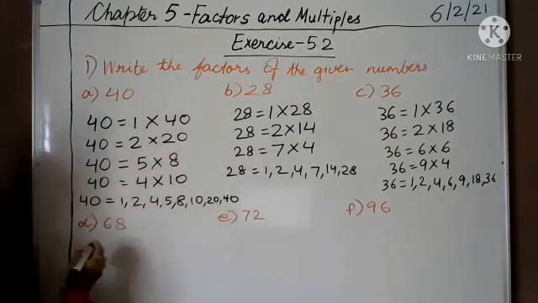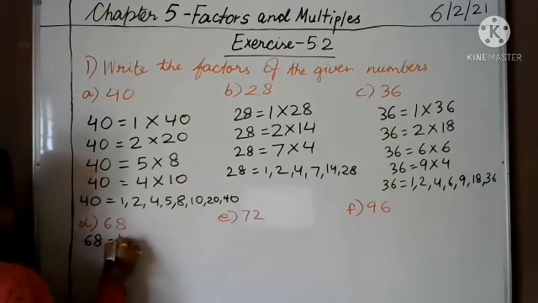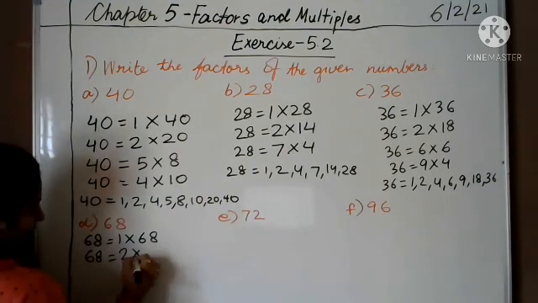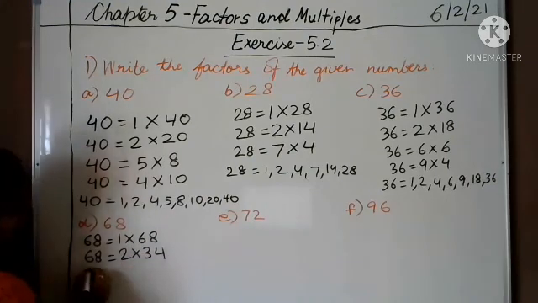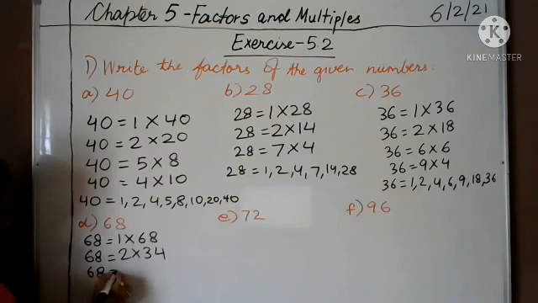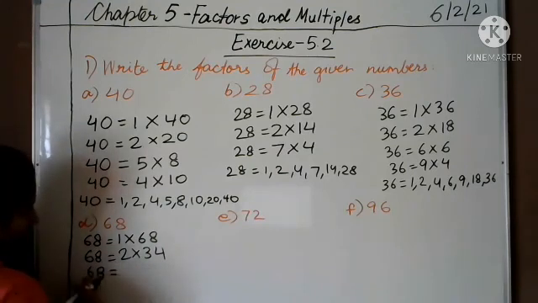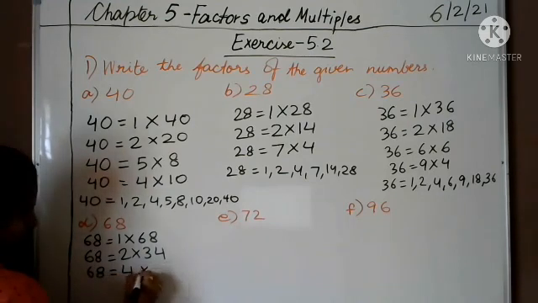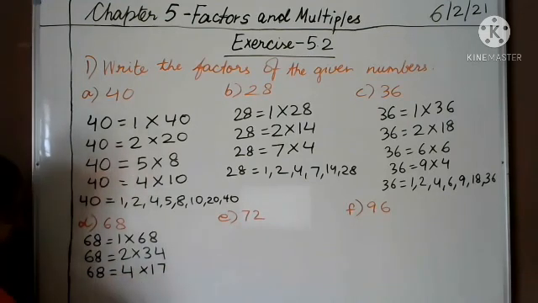Now next is this number D. So 68. 1 68s are 68. It is even, so it will be divisible by 2. 2 34s are 68. But it is not divisible by 3. But yes, it is divisible by 4. 17 4s are 68.